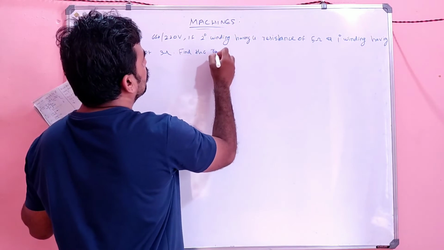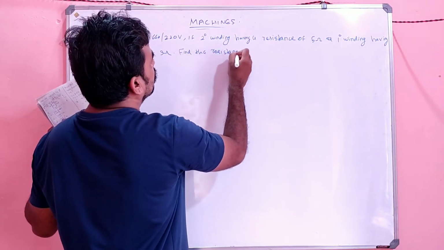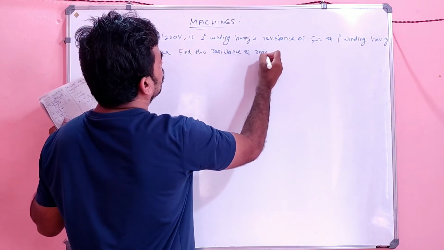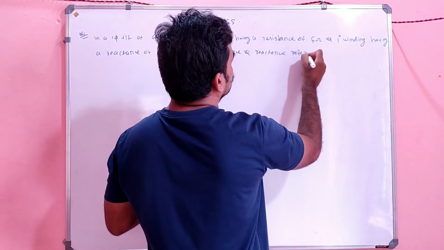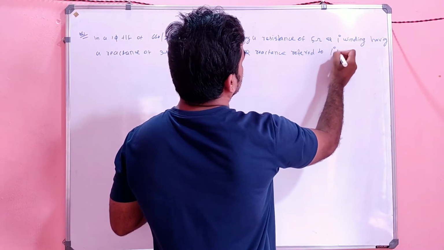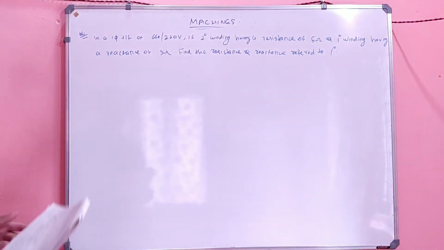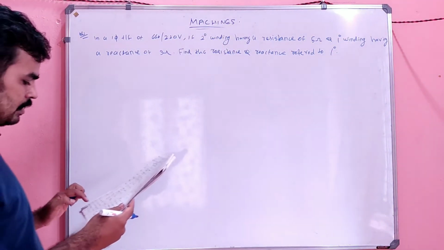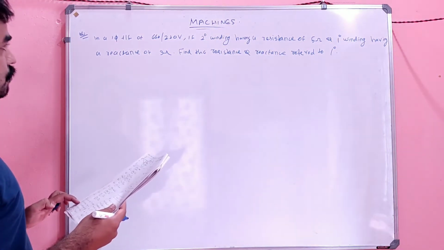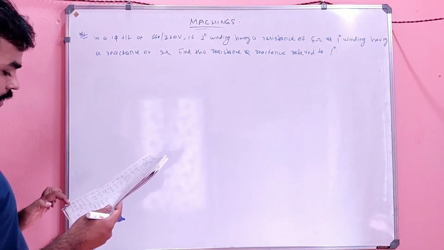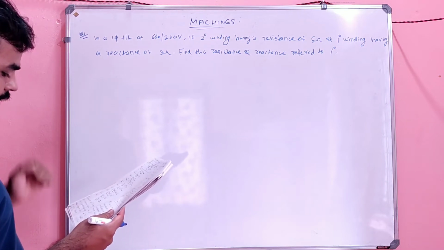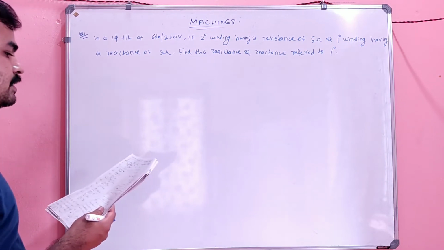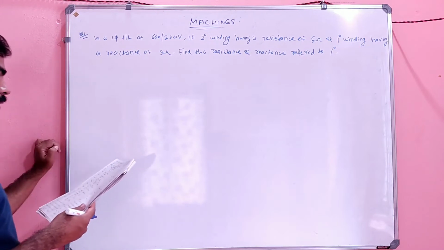See the question. In a single phase transformer 660/220 volt, if the secondary winding has a resistance of 5 ohm, and primary winding has a reactance of 3 ohm, find the resistance and reactance referred to primary, right?